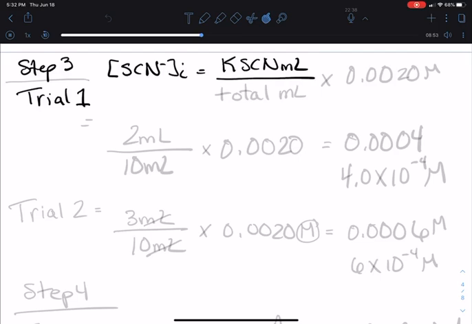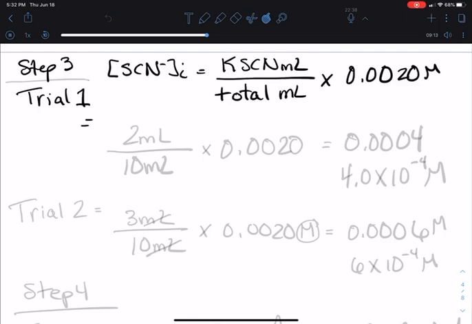That's how many milliliters we added, divided by the total milliliters of the solution, multiplied by the concentration of our solutions that were given, our standard solutions, our stock solutions.